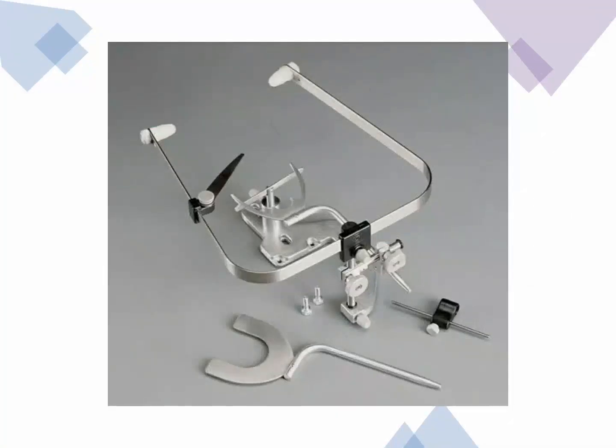Now, this picture clearly shows a Hanau spring face bow, and these are the parts. This is an arbitrary face bow, an earpiece type of face bow, wherein there are two nylon plugs which are going to be seated inside the external auditory meatus of the patient.